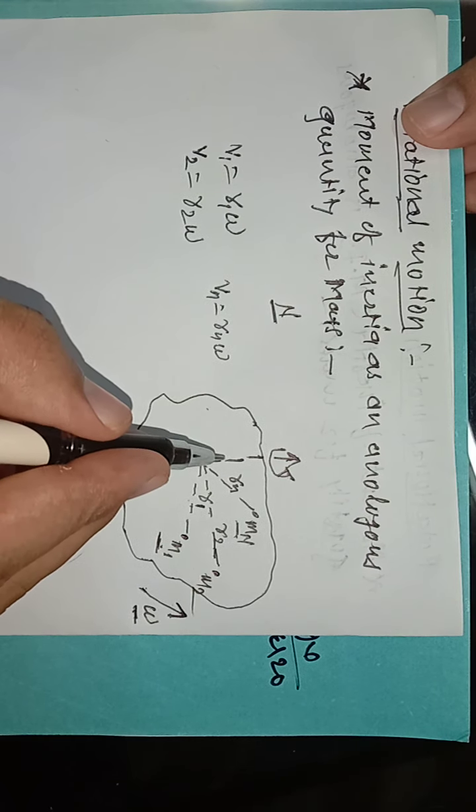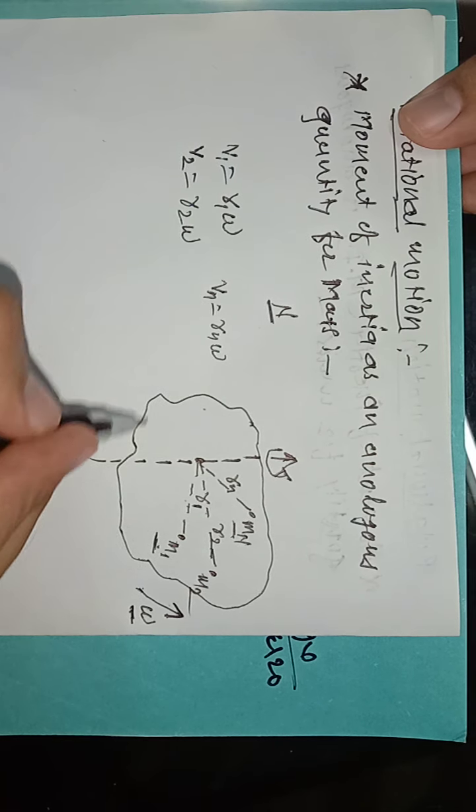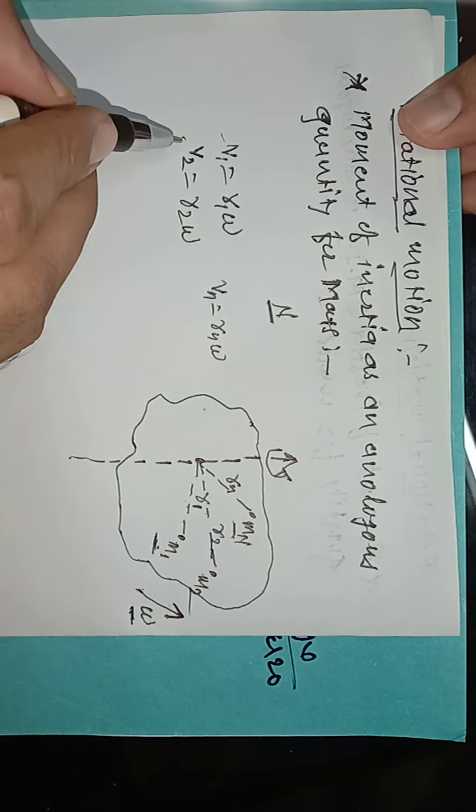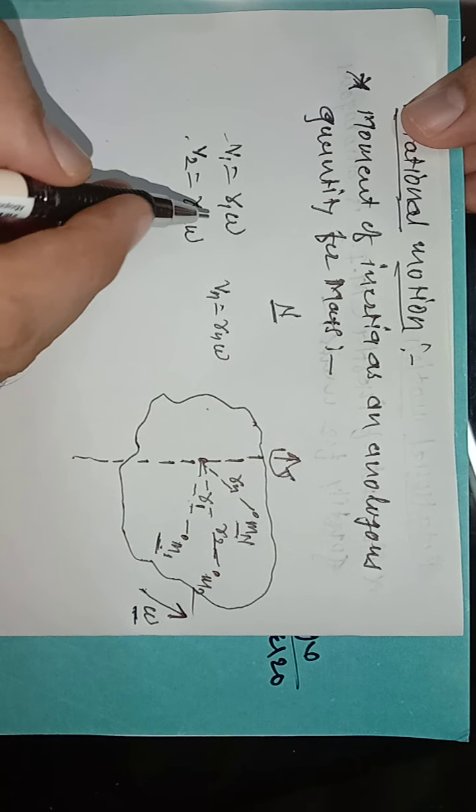We have to calculate here the rotational kinetic energy of that rigid body. These are the linear velocities of the respective particles.